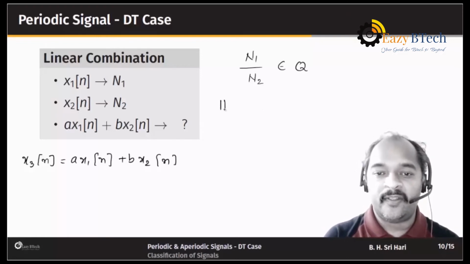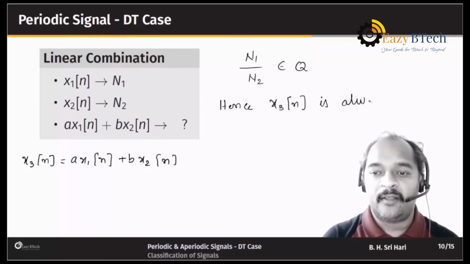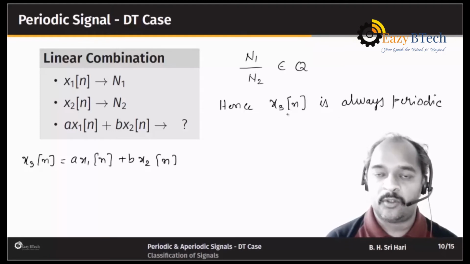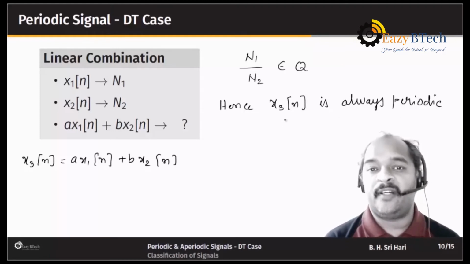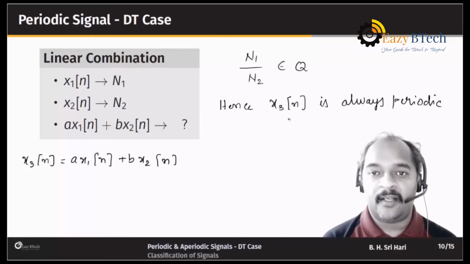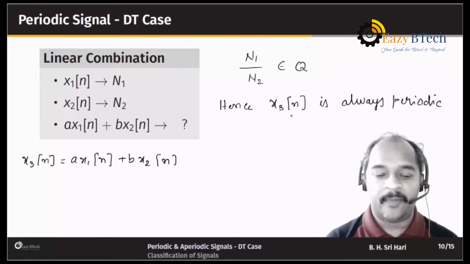Hence x3 of n is always periodic. So that is the difference. For the continuous time case, the ratios should be rational, but for the discrete time case, because the ratios are always rational, the given linear combination is always periodic.